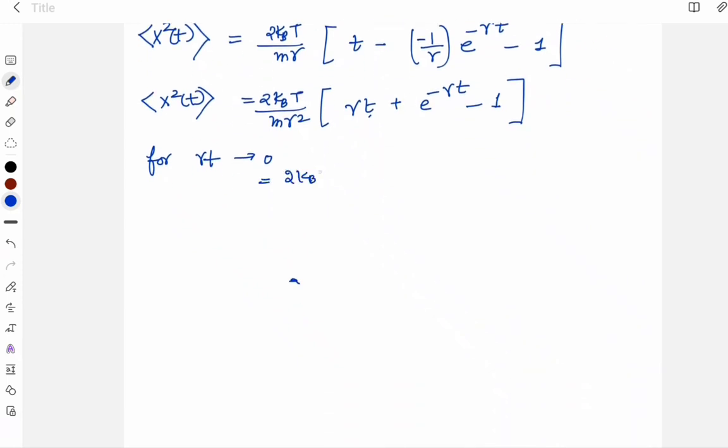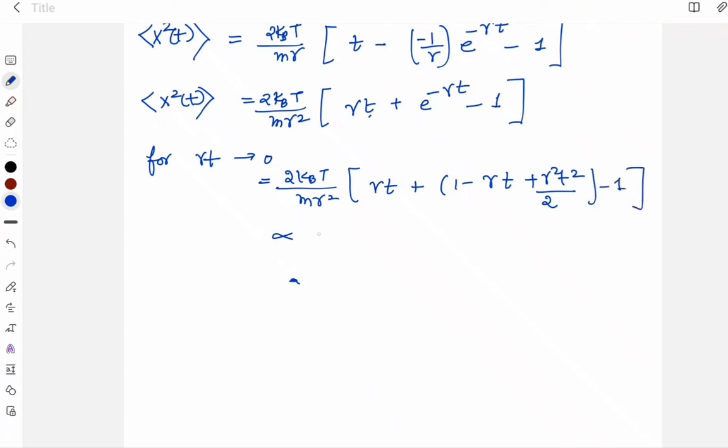So 2kBT over mγ², γt plus 1 minus γt plus γ²t² by 2, and minus 1 is there, so this will be proportional to kBT over m times t².